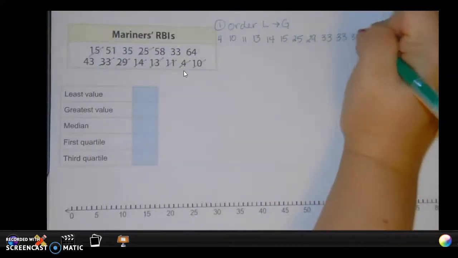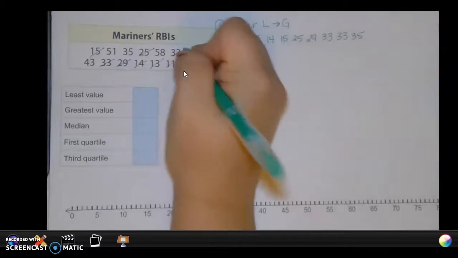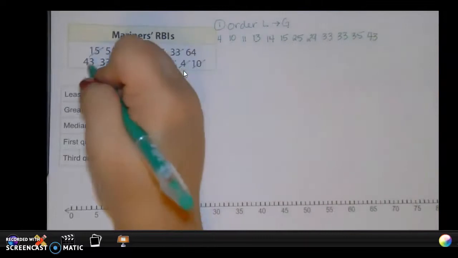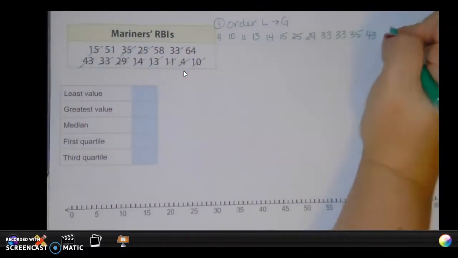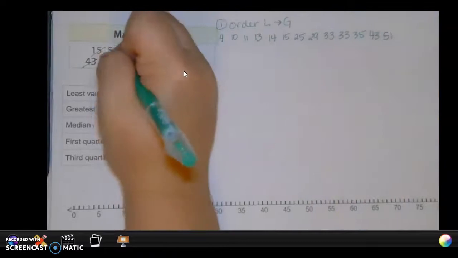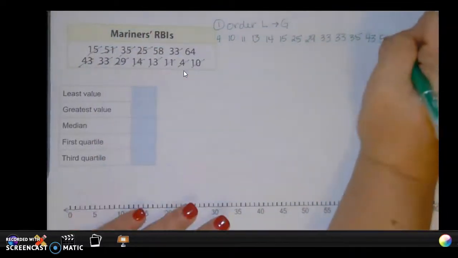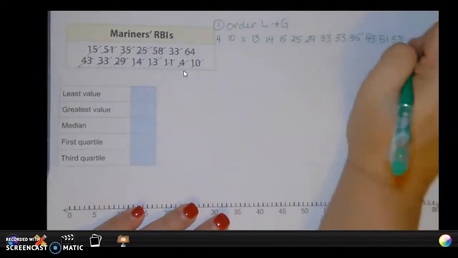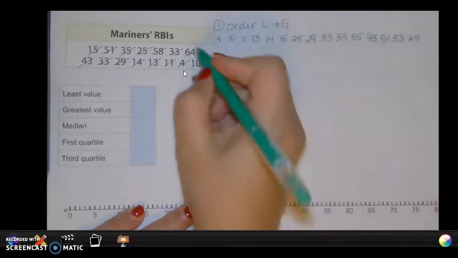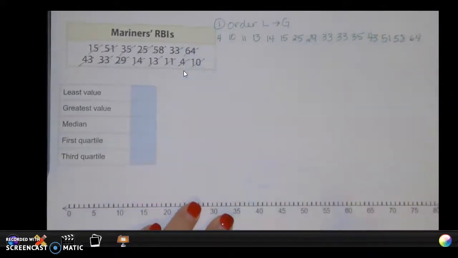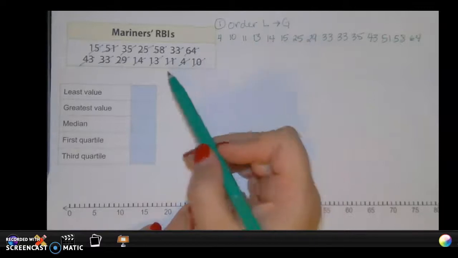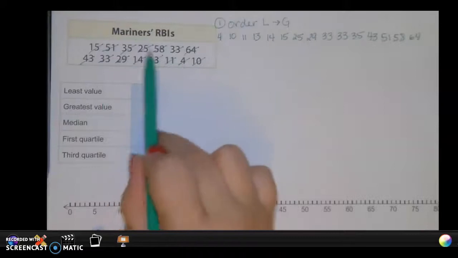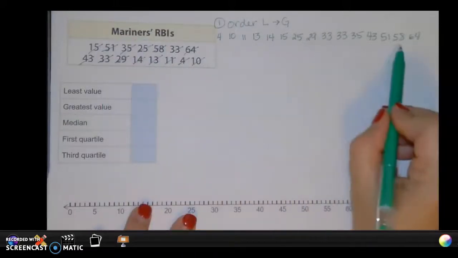35, there's my 43, 51, 58, and 64. Okay, and a good thing to note is that you always want to recount your numbers to make sure you have the same amount of numbers to start with as you do once you put them in order least to greatest.